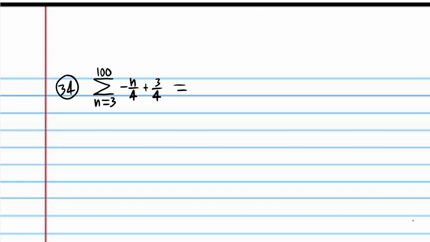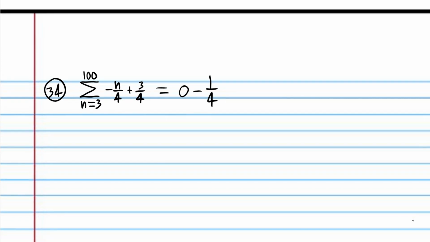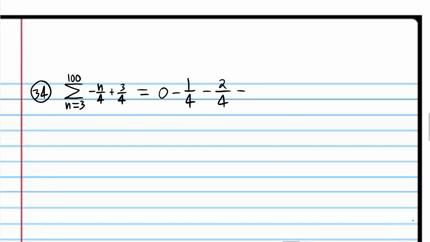Okay, we're back. So if you plug in 3, you get 0. If you plug in 4, you get negative 1/4. And if you plug in 5, you get negative 2/4. Plug in 6, and you get negative 3/4.